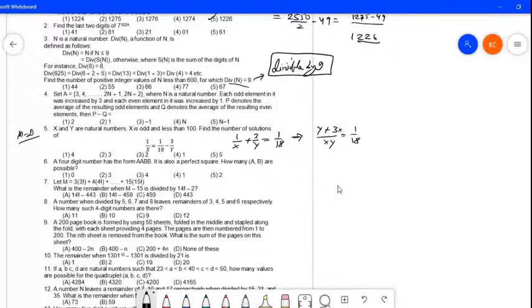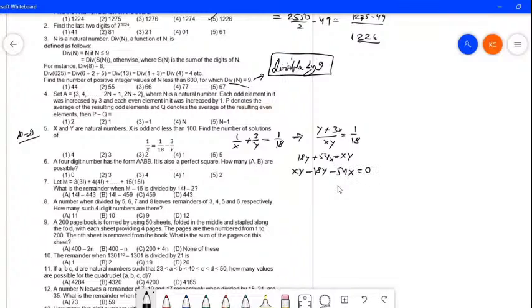So we get 18y plus 54x is equal to x into y. Now we can write this whole thing as xy minus 18y minus 54x equal to 0.